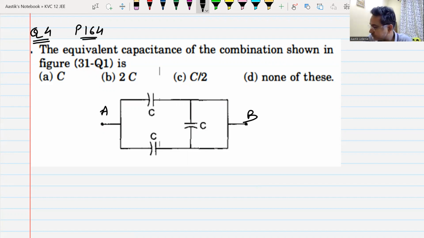Option B, sir. How did you get it? That is correct. Answer is correct. How did you get it?